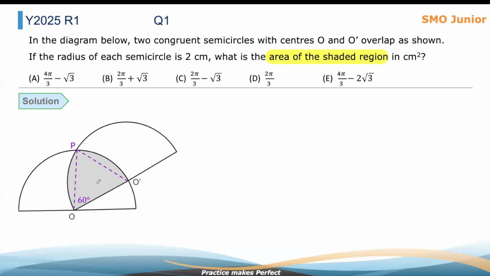This shaded region is made of two parts. One is this sector with the angle 60 degrees. The other one is this minor segment. The area of this sector equals 60 over 360 times the area of the circle, which is pi times 2 squared.